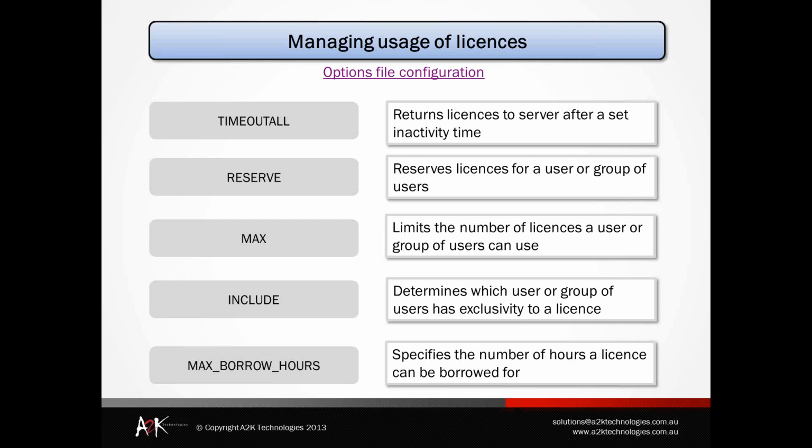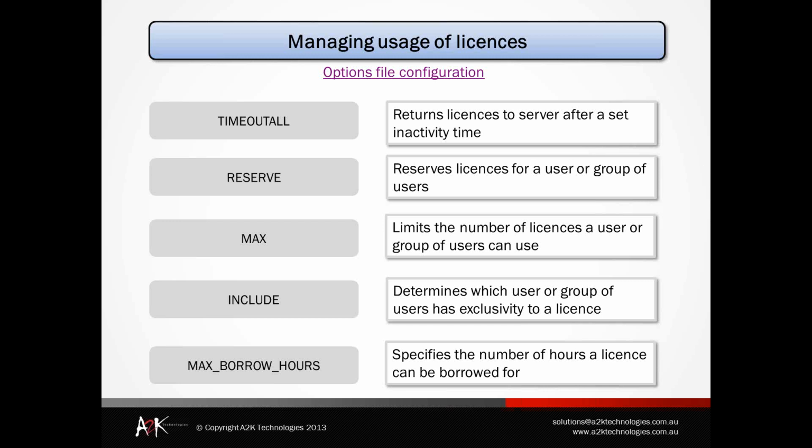You may want to reserve 5 licenses for draftees because you have a team of 5 draftees, and that might then leave 1 extra license available for engineers to consume, for example. The max option there limits the number of licenses a user or group of users can use. The include determines which user or group of users has exclusivity to a license.